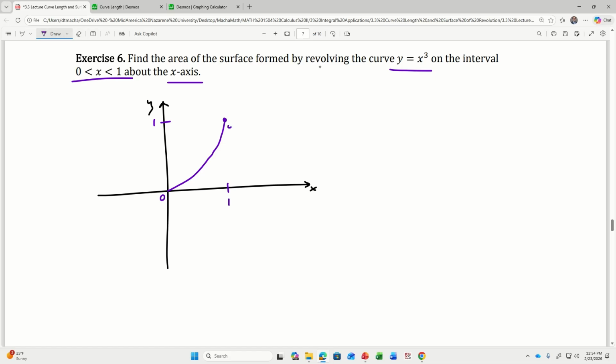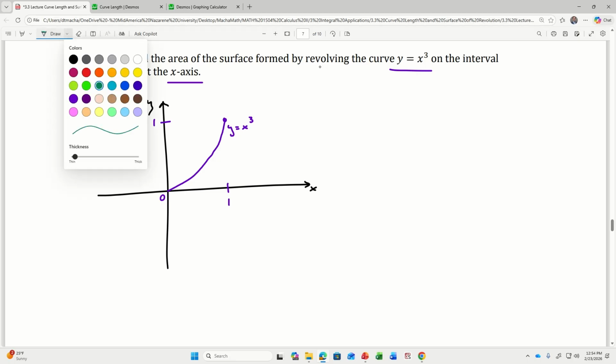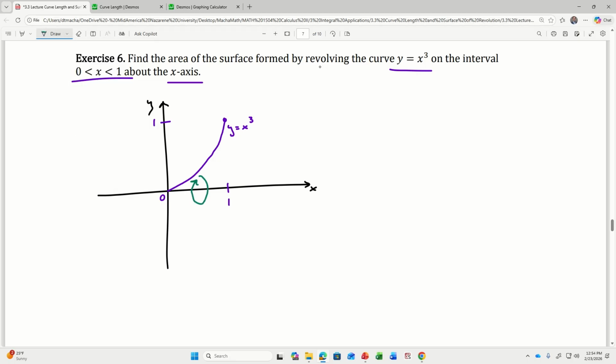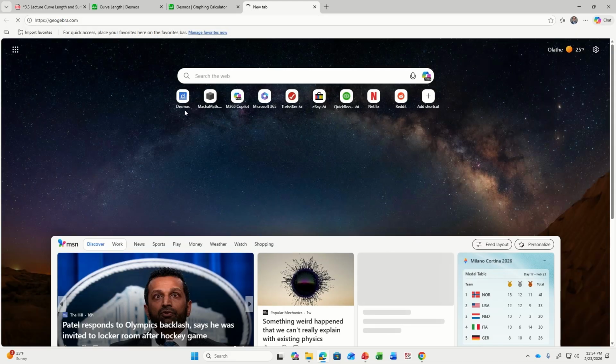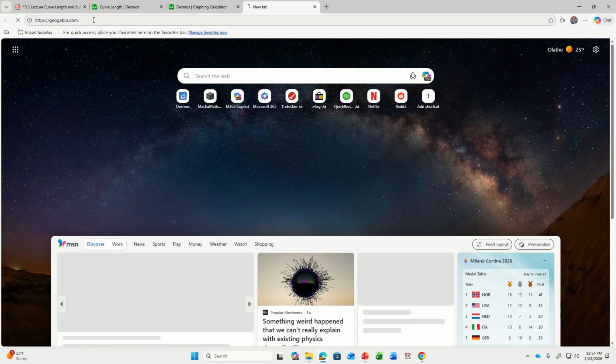So here's the y equals x cubed curve. And we're talking about what would happen if I rotate this around the x-axis. It's going to make a surface. I'm going to plot it just because I need to practice my GeoGebra skills.